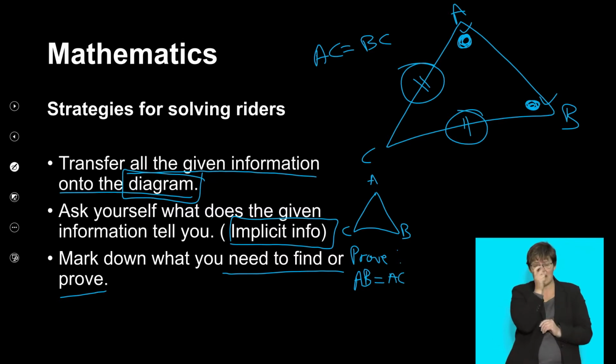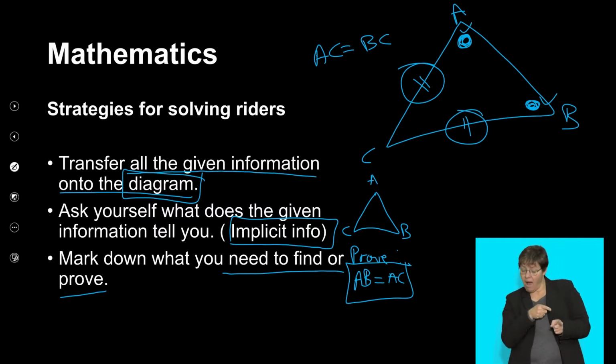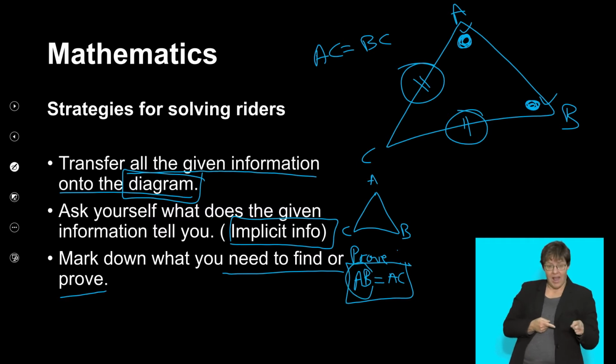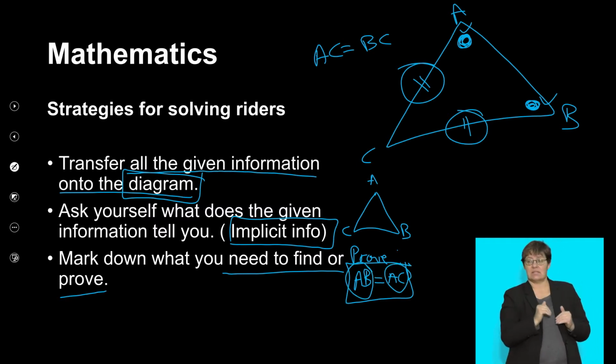Please understand, this is not what you are required to prove. No, this is the conclusion you are going to draw after you prove what makes AB equal to AC. Because you can't measure them, remember that.